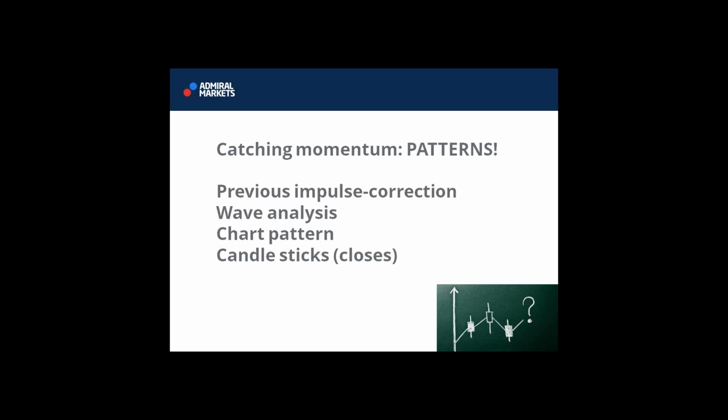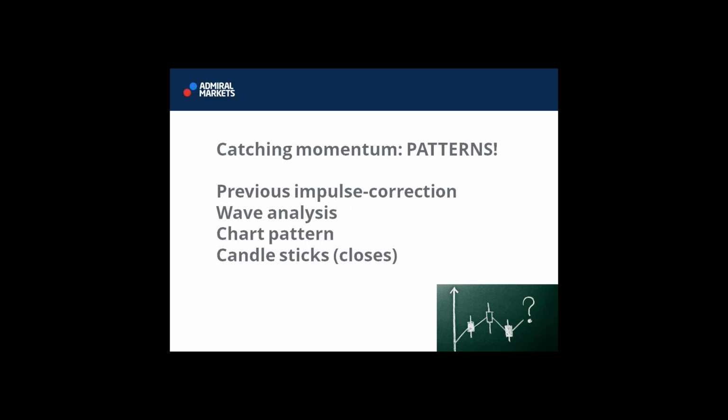If you start to like that, you might even want to look into wave analysis, because all wave analysis does is glue these momentum and corrections to each other and say, okay, the previous one was impulse, then I had a correction, then there was another correction, then there was an impulse, so the next one will probably be a bearish correction. That is what wave analysis does. It looks at the chart like a jigsaw puzzle and says what's probably going to be the next piece of that puzzle.